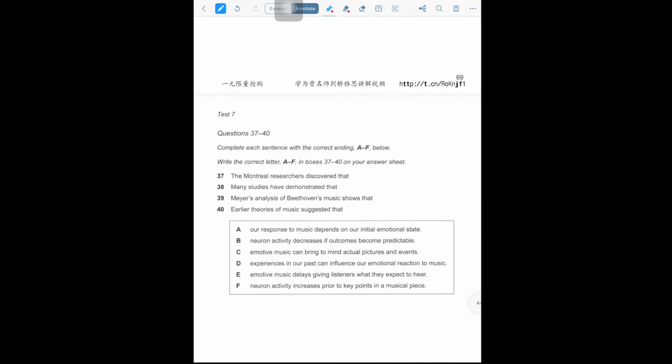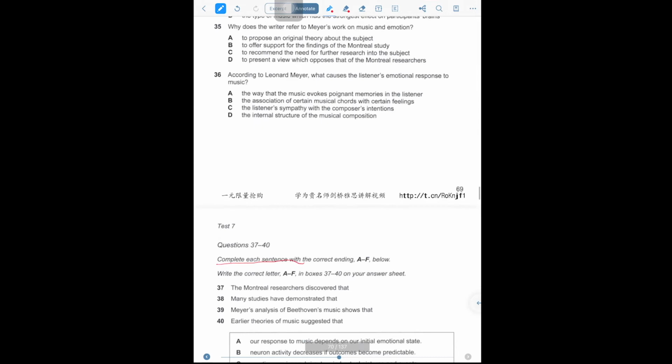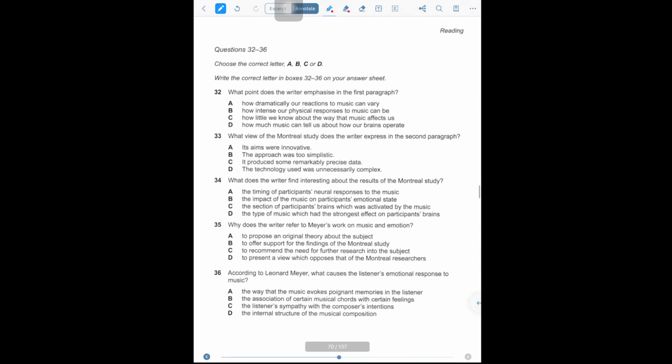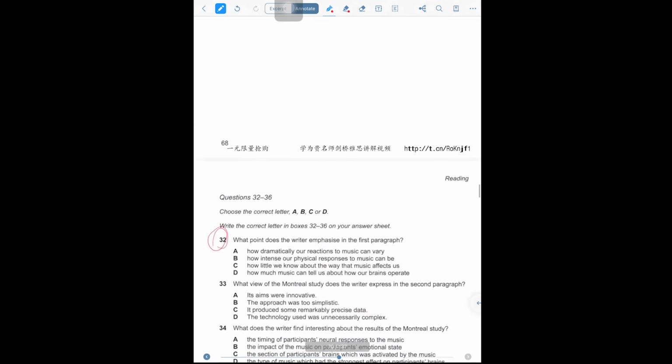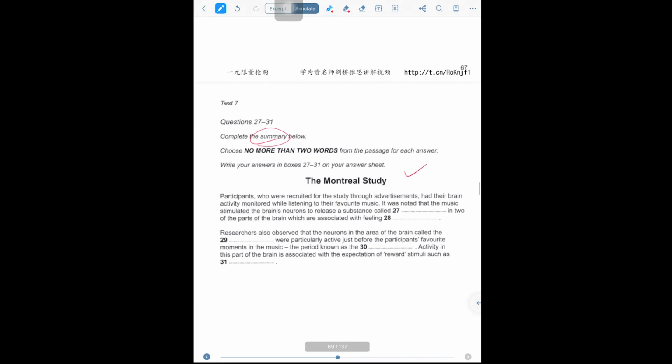Complete each sentence. Well, as I've said, these multiple choice questions and this question type are usually in order. And the summary, if you take a look at it, Montreal study, the answer usually is within 2 to 3 paragraphs. They're relatively not too bad as well.